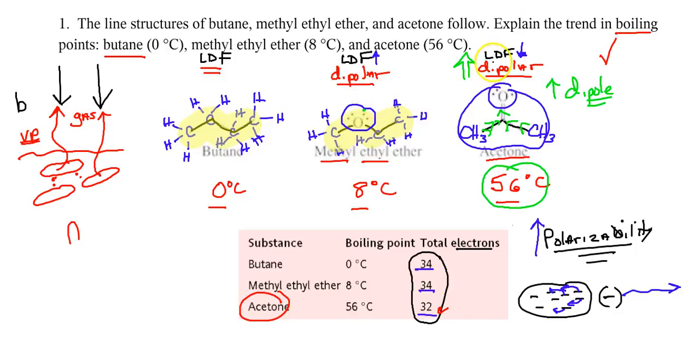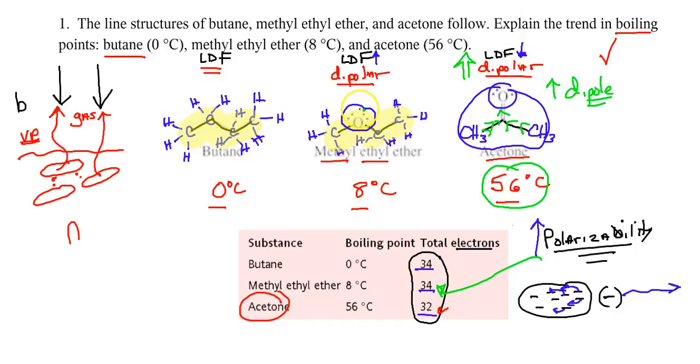That even overtakes the fact that its LDFs are probably going to be a little less because of its shape. Remember, polarizability is due to electron number and also the shape. If something is more elongated or a long chain and non-branched, it's easier for the electrons to move to one side to create polarity.